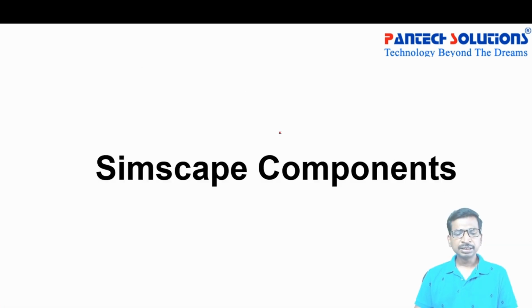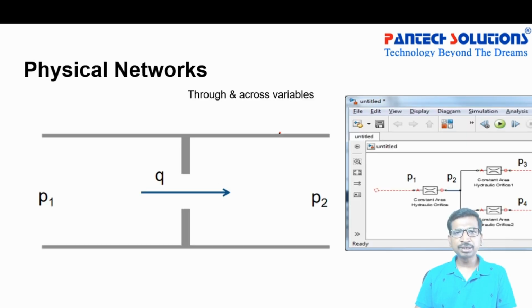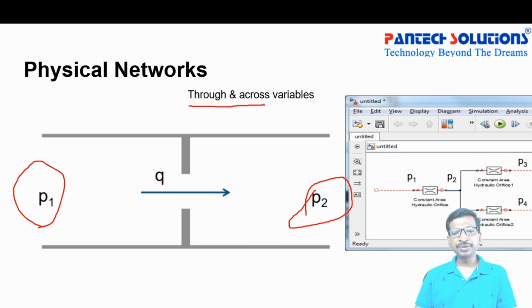And Simscape components. Actually, in our applications, we have to integrate all the multi-domain components. So in these multi-domain components, first you should understand what the multi-domains are, and what the basic components are. Here in the physical network, if you take these two nodes, P1 and P2, there are two major variables: one is called the through variable and the other the across variable. The through variable is nothing but some quantity that can travel from P1 to P2.